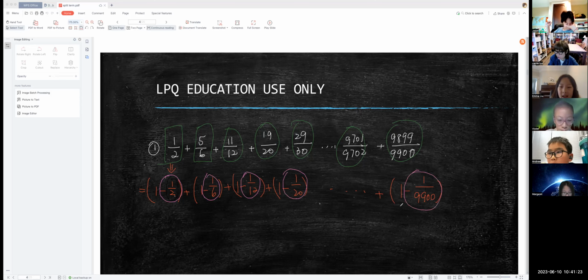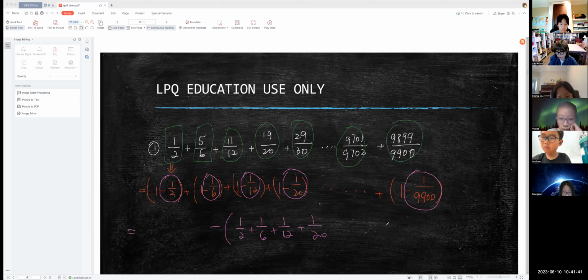We've done this many times, right? Okay, Emma, I want you to put all the numbers that we're familiar with together. Because each one has a minus in front, we can just minus what? Half plus 1 over 6 plus 1 over 12 plus 1 over 20 and all the way to plus 1 over 9900. Correct?